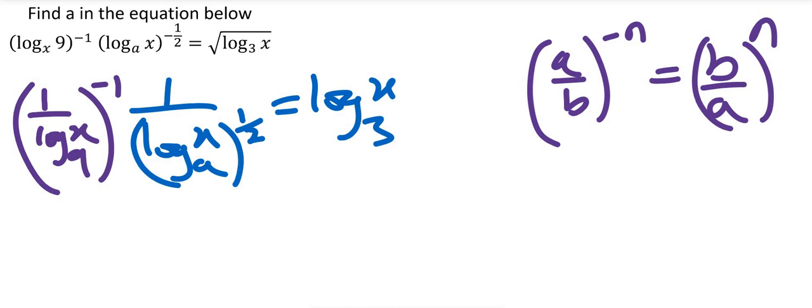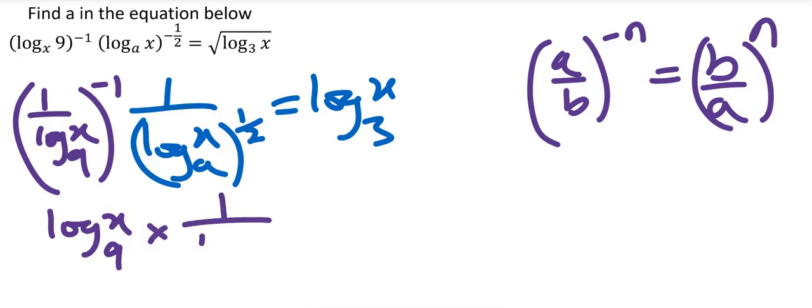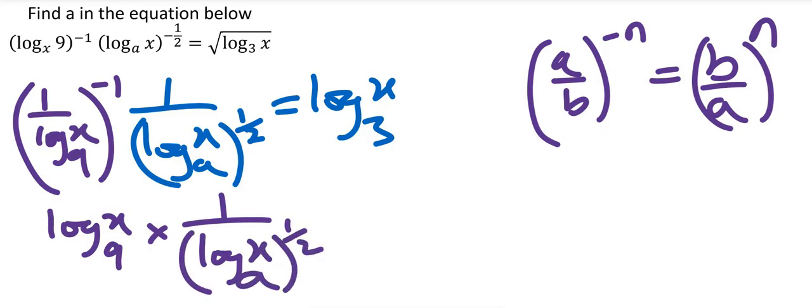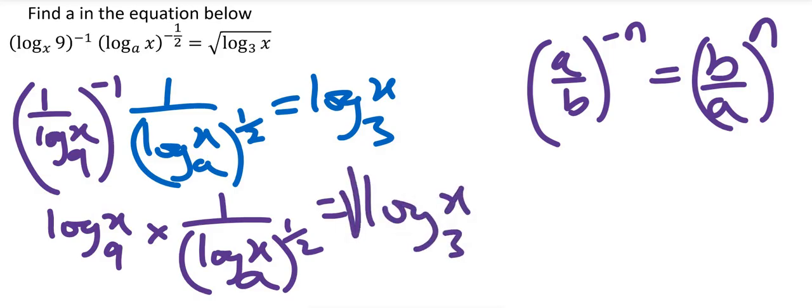So this is the same as log x base 9 to the power of 1, no need of writing it, multiplied by 1 over log x base a to the power of 1 over 2, equals log x base 3. Don't forget there is a square root here, there is a square root here. So these can be manipulated.